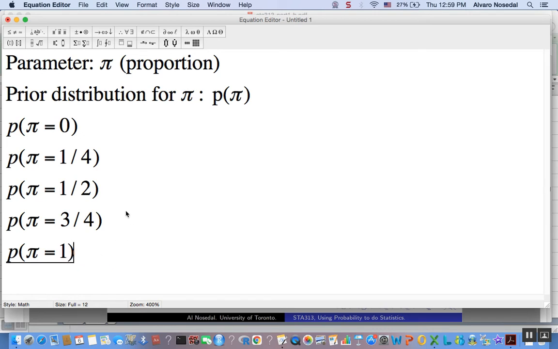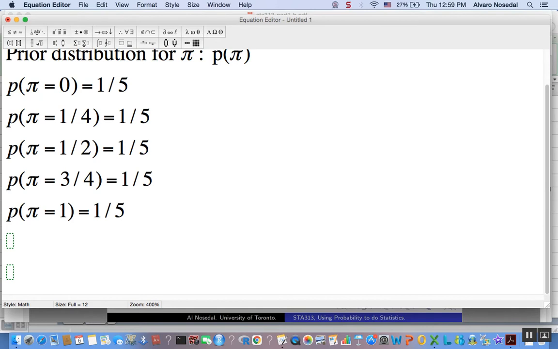And at first we were considering that each of these values was equally likely. So that was our prior.